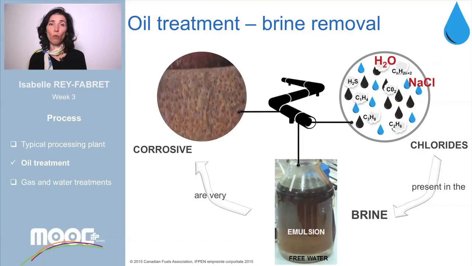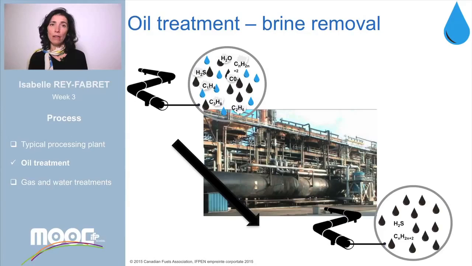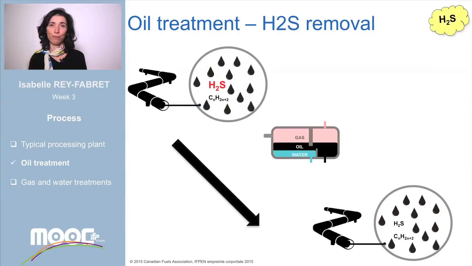To conclude, water, salt, and acid gases have to be removed from the effluent. The crude oil dehydration or desalting is a process for removing brine from the crude oil stream. It lowers simultaneously the amount of free water and the amount of salt.